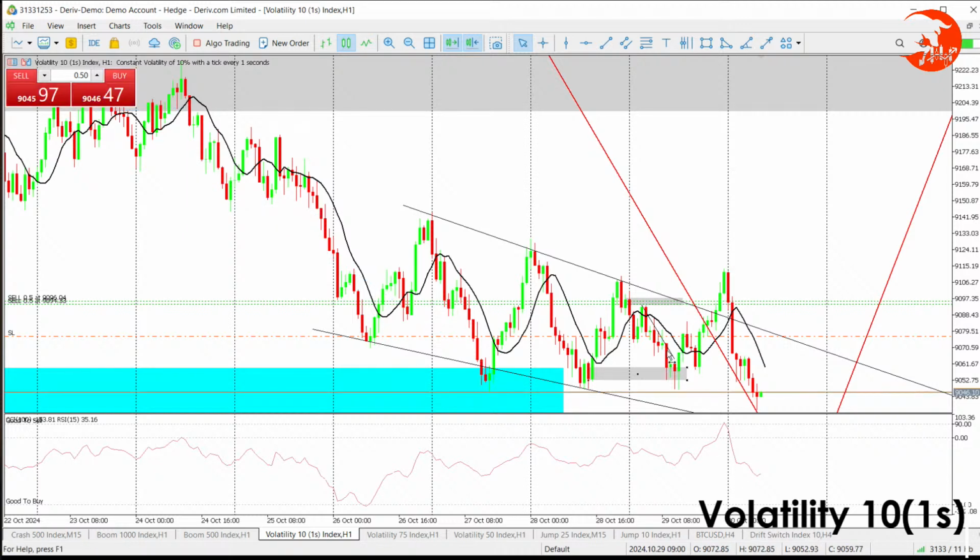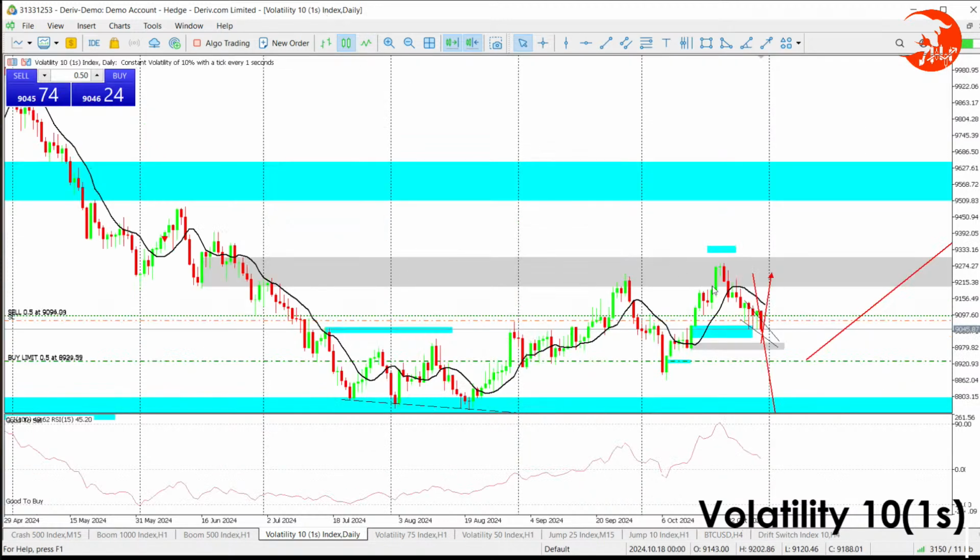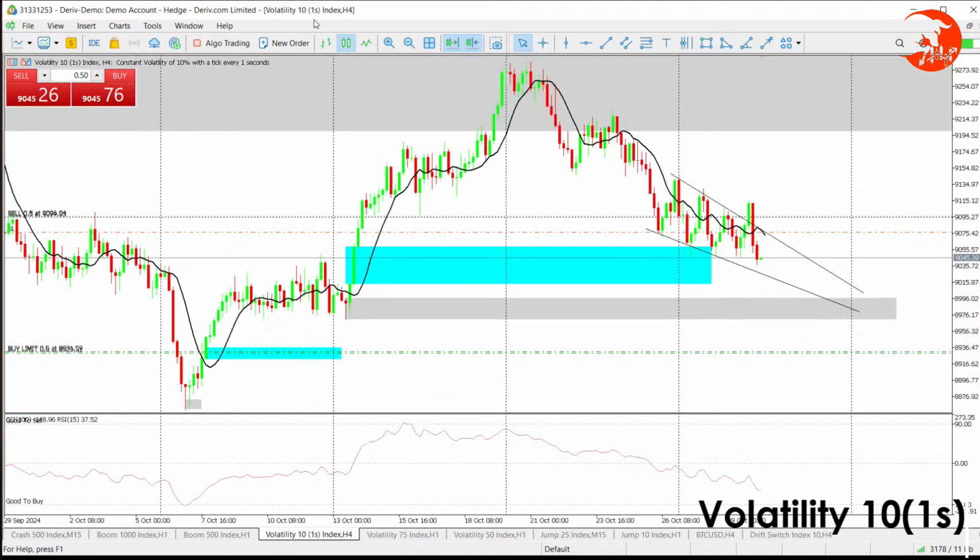I don't know if anyone took that trade on V10 1S, but that's what is happening. I'm going to delete this first. I don't know what it is. Let's delete this also, and then have this clear. I don't know what this is, but I can just leave it for now.